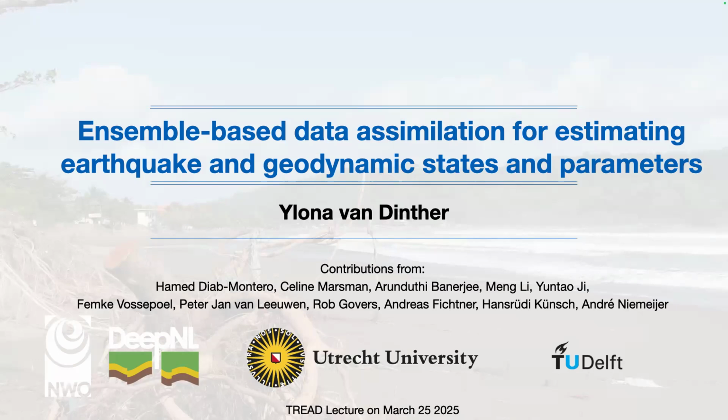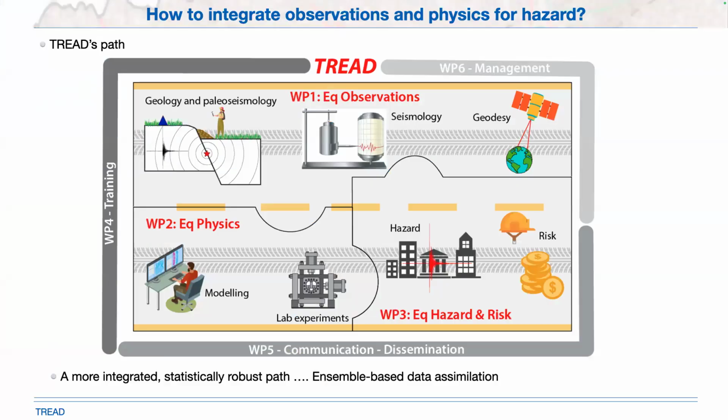So first, a big thank you to the PhD students and postdocs, Hamed, Celine, Duty and Meng Li that worked on most of this data assimilation work in the last few years. So in the end, what we do with the data assimilation is just another interesting integration of the path that we are all following in THREAT, right?